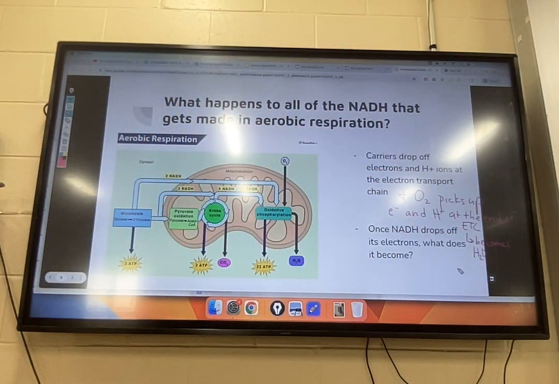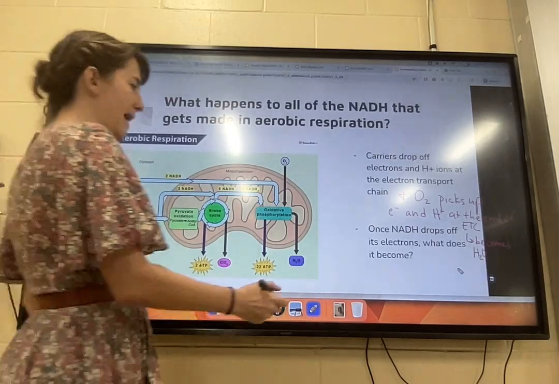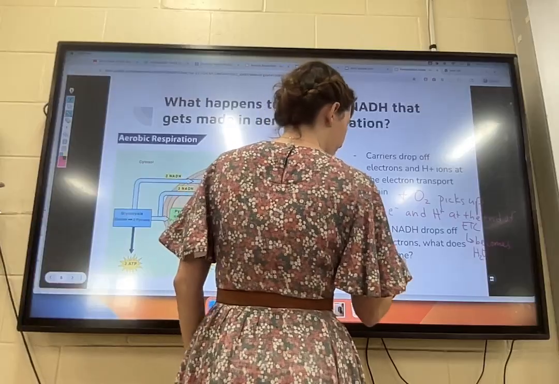in aerobic respiration. After our electron carriers have dropped off their electrons at the transport chain, after NADH drops off its electrons, what does it become? NAD plus. It goes back to being NAD plus. It's an empty shuttle now.